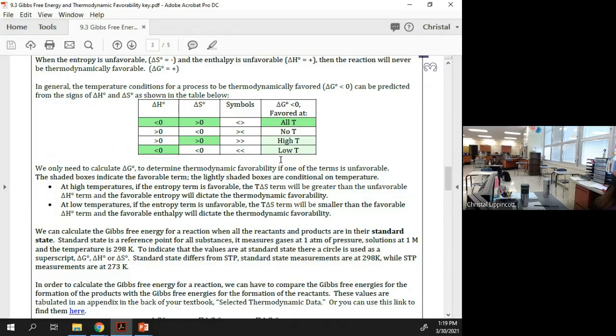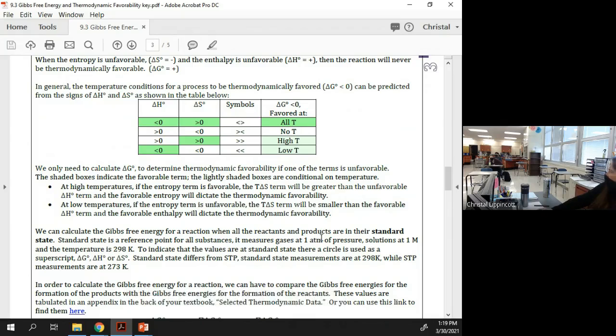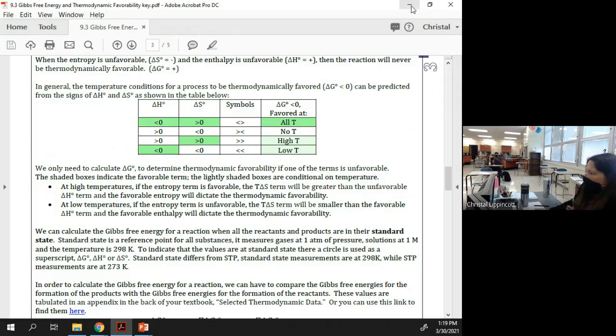I don't care. I'm just trying to give you a way to wrap your brain around it. When I print this off for you, these highlights are not going to show up, just so you're aware of that. These documents are loaded on there, so you can go back and highlight it with a highlighter, but it's not going to show up. But that helped me.